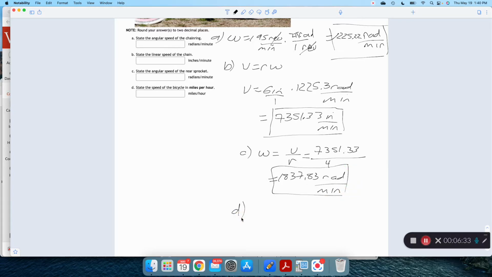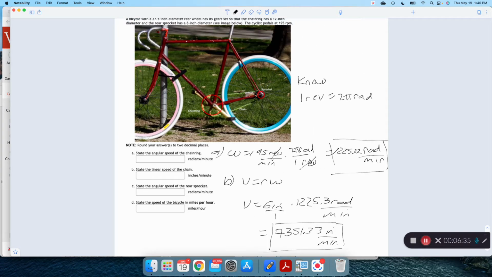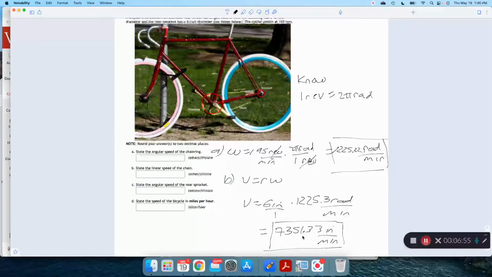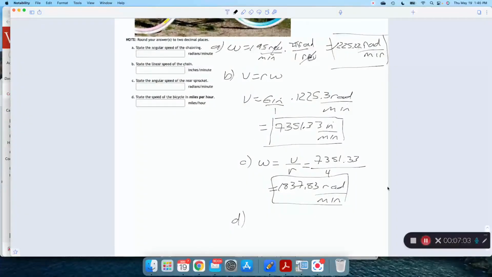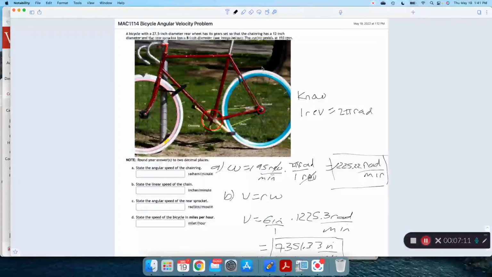And then part D. That's how quickly this sprocket is rotating in angular speed. This entire wheel, everything on a circle, rotates at the same angular speed. So the rim of the wheel, the tire itself, is rotating at that speed. How fast will the boundary be going? Well, now we're back to this formula. My linear speed is V equals R omega. What's the radius of the wheel?